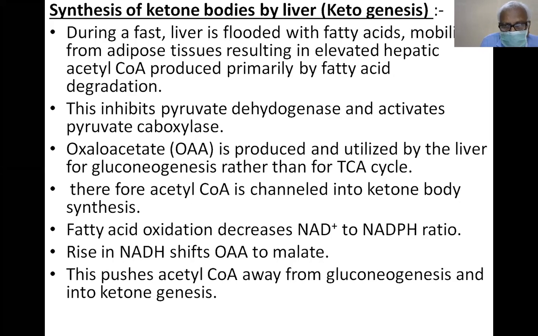Oxaloacetate is produced and utilized by the liver for gluconeogenesis rather than for the tricarboxylic acid cycle. Therefore, acetyl-CoA is channeled into ketone body synthesis. Fatty acid oxidation decreases the NAD+ to NADH ratio, and the rise in NADH shifts oxaloacetate to malate. So this pushes acetyl-CoA away from gluconeogenesis and into ketogenesis.